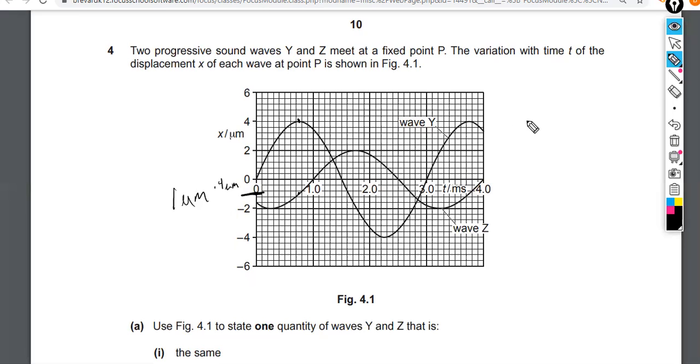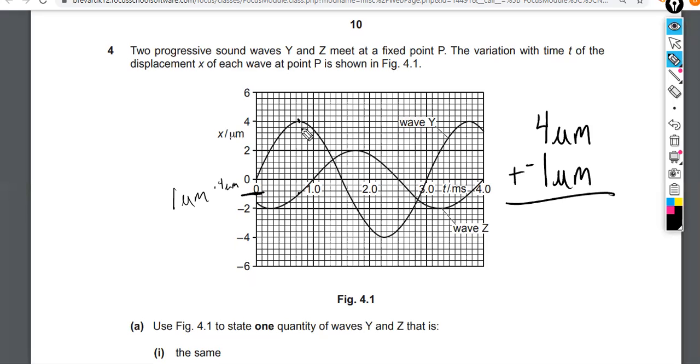So the calculation is this. Algebraic sum of 4 micrometers plus -1 micrometer, right? Because this is below equilibrium, so it's -1 at this point. So wave Z has an air particle that's displaced this much. Wave Y has an air particle that's displaced this much.